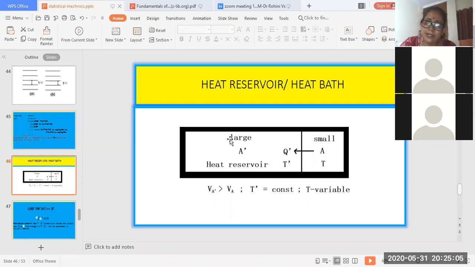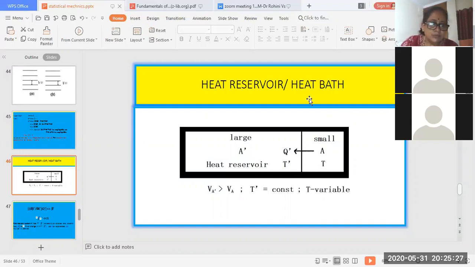The heat content itself will make it a heat reservoir. It's very large, it can give or it can take, whereas this will lose a very small amount. It makes no difference. That is why the larger one we call a heat reservoir, and also it is called a heat bath.